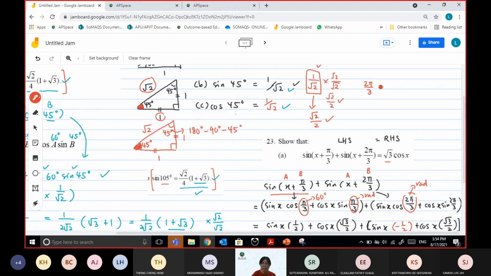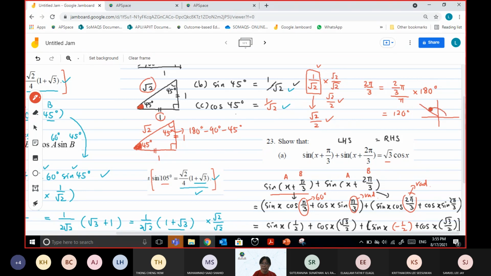So it is actually equal to, if you convert it to degree, 120.